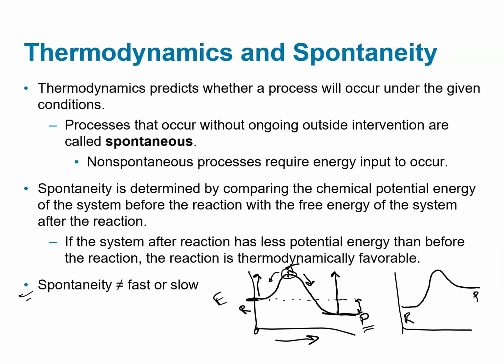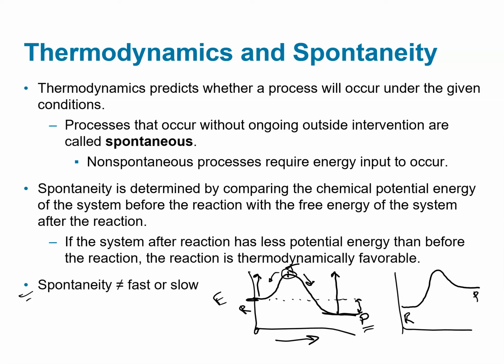A really good example of this is rust. Rust occurs as iron oxide when iron, which is bare, is exposed to moist conditions in the presence of oxygen. And you get this oxidation effect where the iron becomes oxidized and becomes rust.